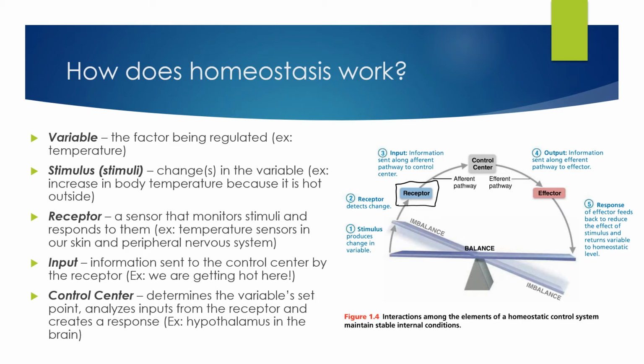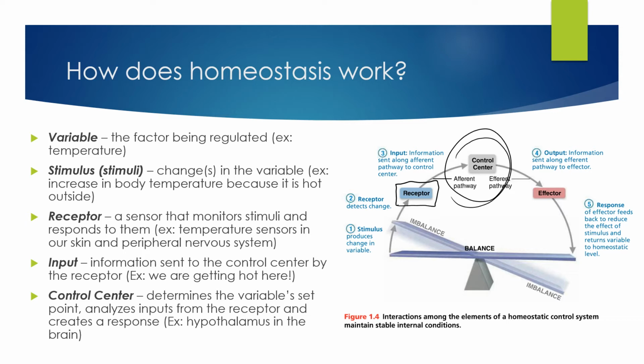They're the ones that receive the signal that something is different, something has changed. And the input is then the information that those receptors send to the main control center. So the input is that information of, hey, it's getting hot in here, or hey, your blood sugar just really tanked. And it's sending that information to a control center.